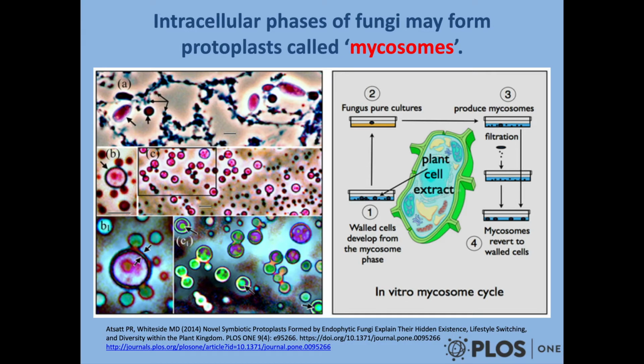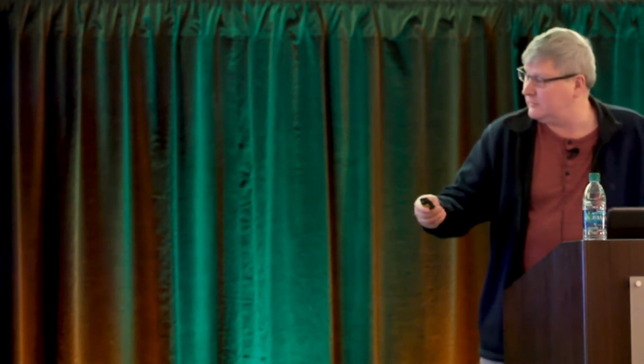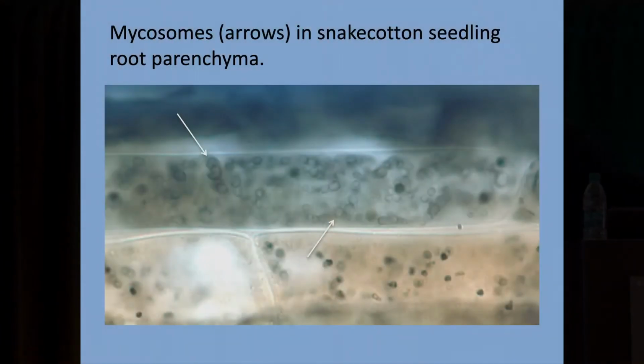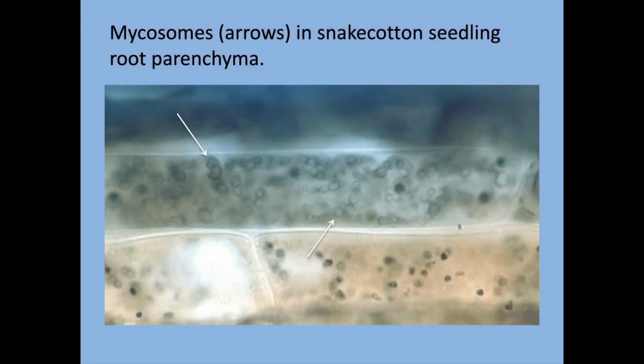They go into the periplasmic space in the root cell. Okay, so they're located in the same place. They call these mycosomes, though. You know, a fancy mycological term that, of course, mycologists who studied this had to give a special term for it. But it's just a protoplast. This shows it in that plant, in the snake cotton.